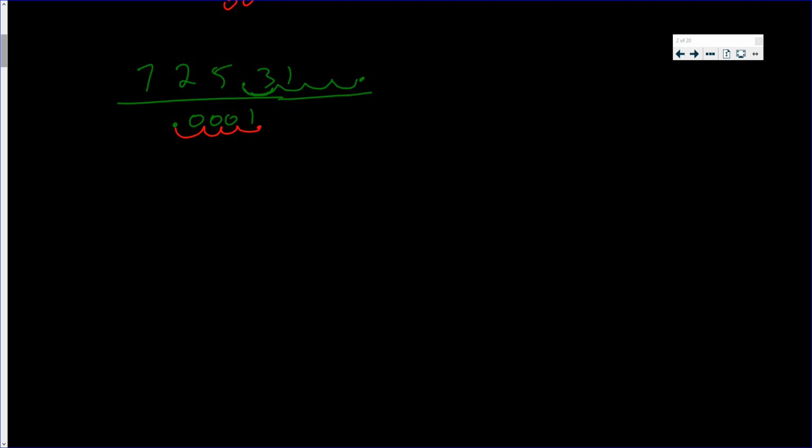If any one of these spots does not have a digit, like this one and this one, put 0 there. So now what you have is 725.3100 divided by 1. Oh, forget dividing by 1. There's your answer. Dividing by 1 is really simple. So our goal is to get problems that have division by 1.